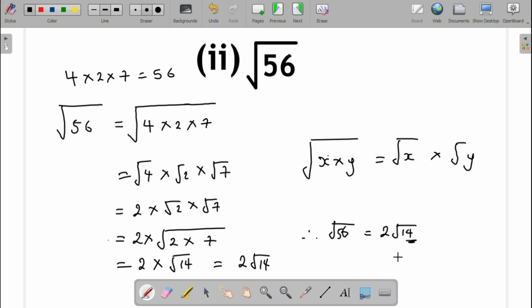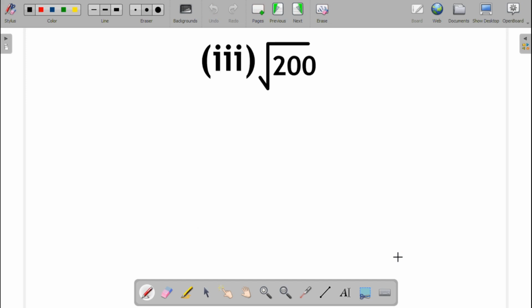Okay. Now, the next question is this, root 200. We have to reduce root 200, or simplify root 200, to its basic form. Now, root 200 will be equal to, you are going to think of a perfect square number that will be multiplied with another factor, which is going to give us 200.